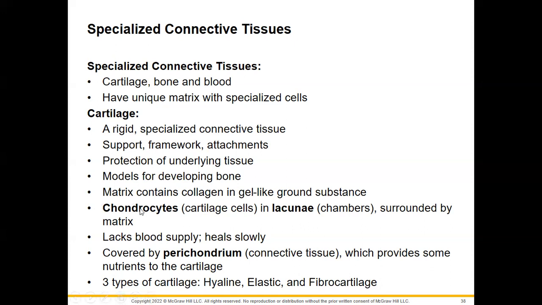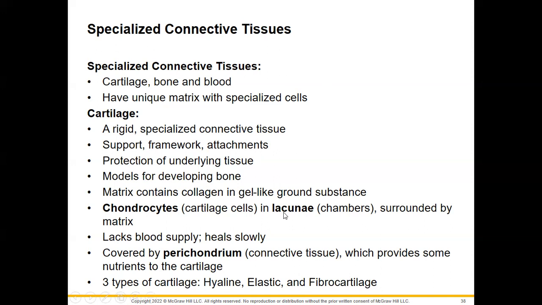Chondrocytes. Chondro means cartilage, cyto meaning cell. So these cartilaginous cells are going to be found in lacuna. So a lacuna, when I look at this word, I think little lake. A lacuna is like a little lake.